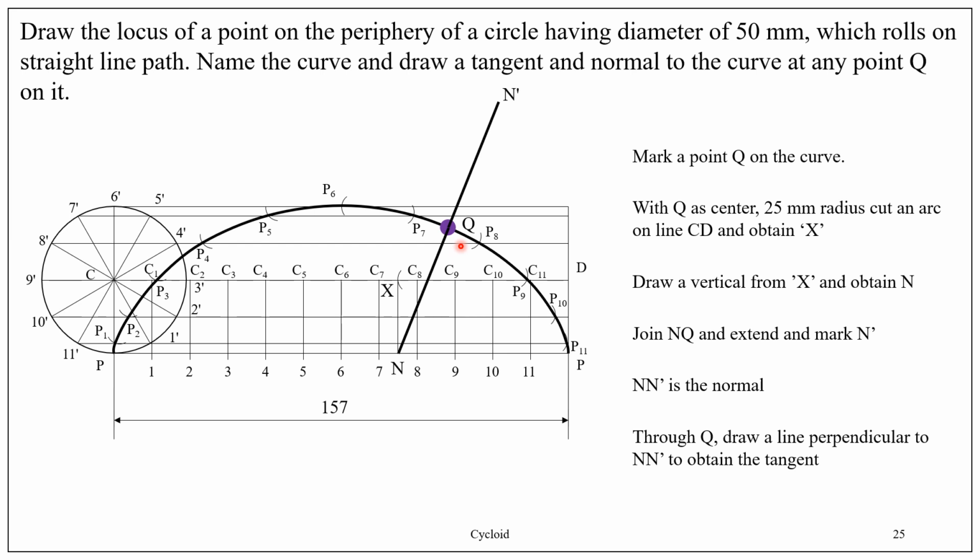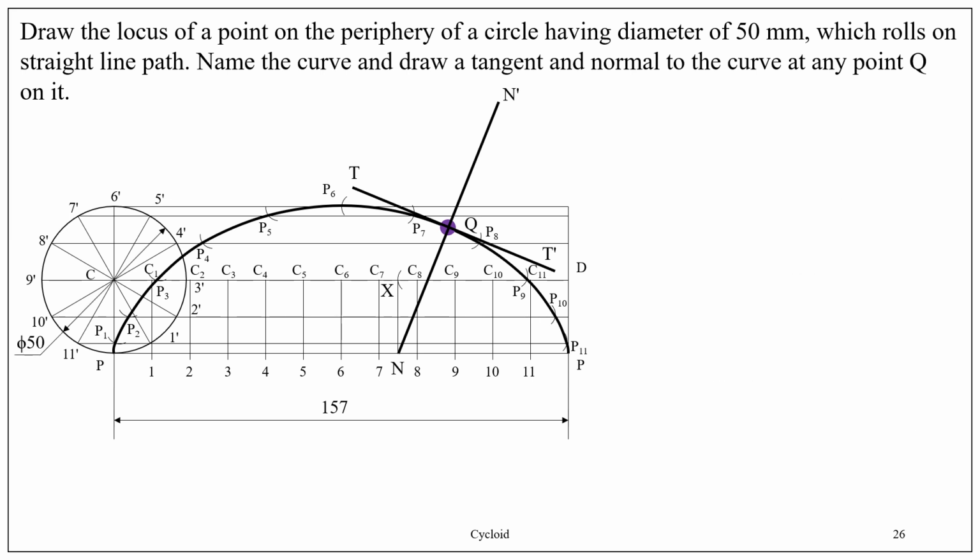Now draw a line perpendicular to N dash through Q to obtain the tangent. So the tangent line is denoted by the symbol T dash. So this is the complete sketch of the problem. Here the dimension 50 is shown.